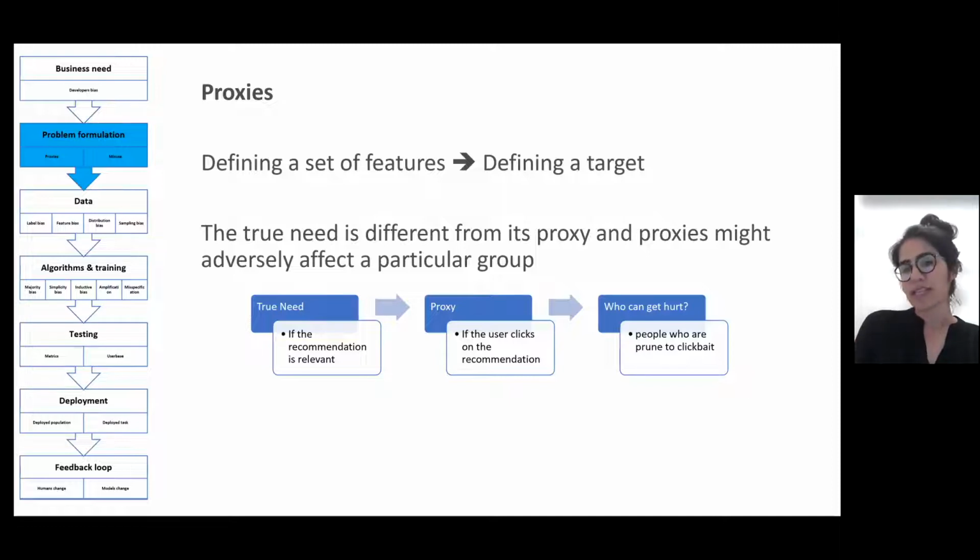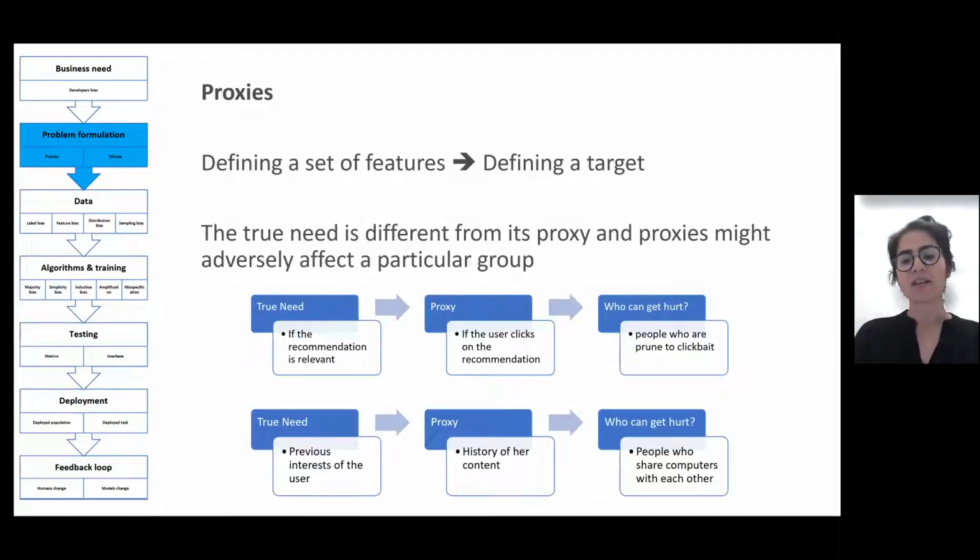We can, for example, say that people who are prone to clickbait can be harmed because of this proxy. As another example, let's look at when the true need is the previous interest of the user. The proxy can be the history of the content. And the people who would get hurt are people who share the same computer with each other.